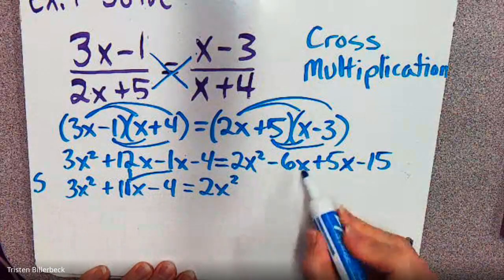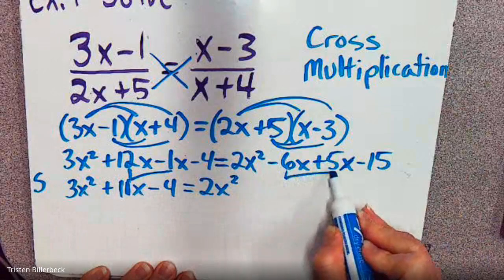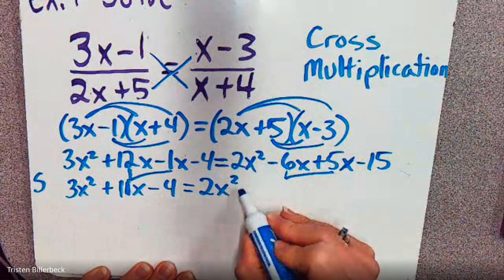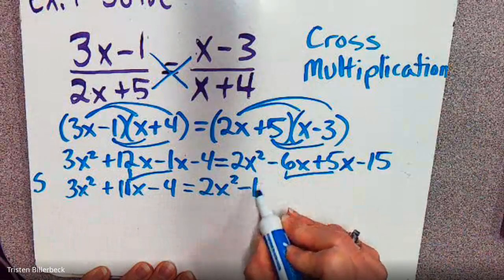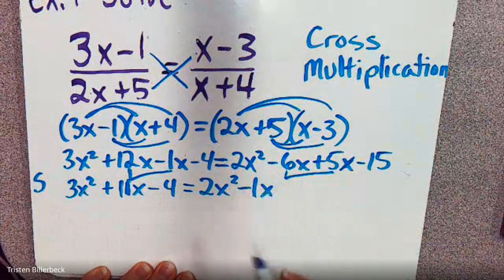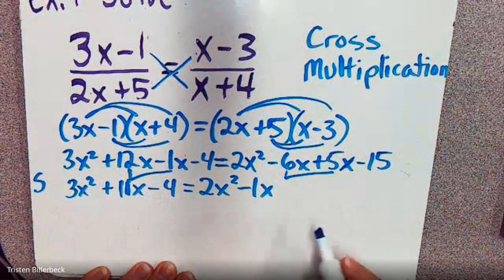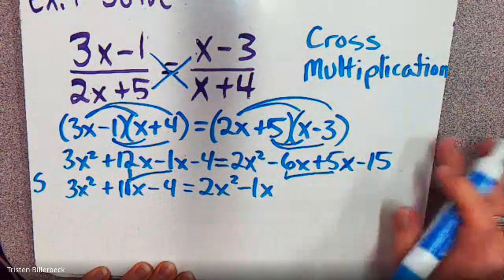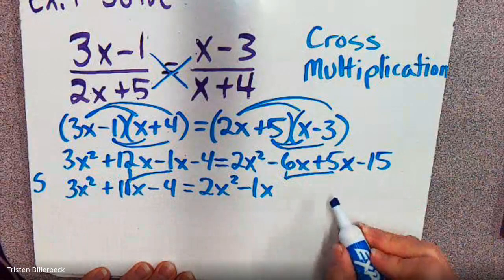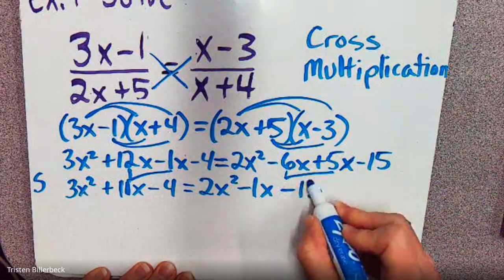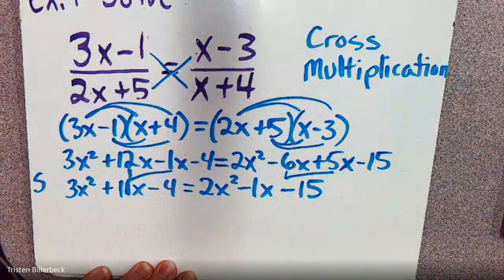And look, we have some more like terms: negative 6 plus 5 is negative 1x. We usually don't write the 1, but I'm going to for now, because we're going to be doing additive inverses and all sorts of things. So we have minus 15 here that drops down.